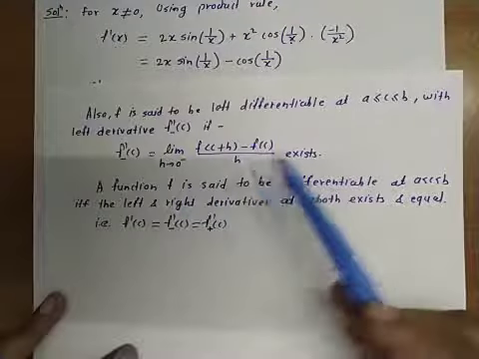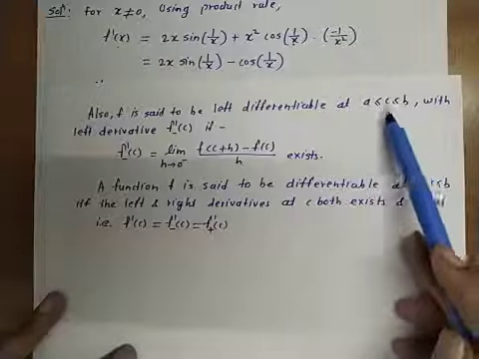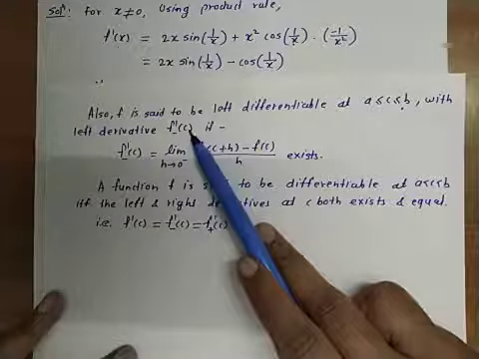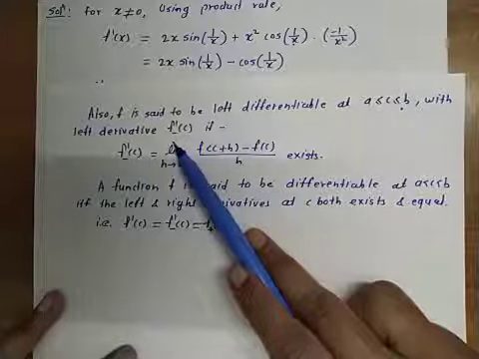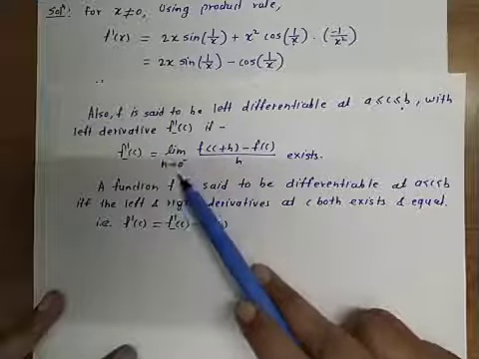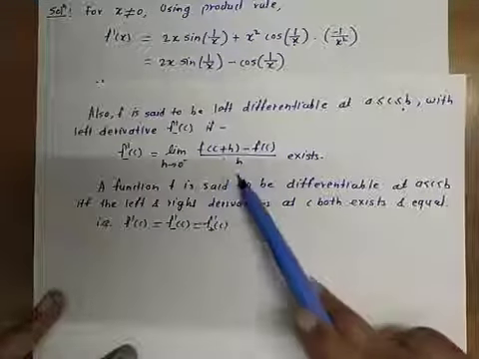If this limit exists, we say that the right hand derivative exists. Similarly, f is said to be left differentiable at point c, where c is between a and b, with left derivative f dash minus c, this is the notation for left derivative, if f dash minus c is equal to limit h tends to 0 minus, f of c plus h minus f of c upon h, exists.